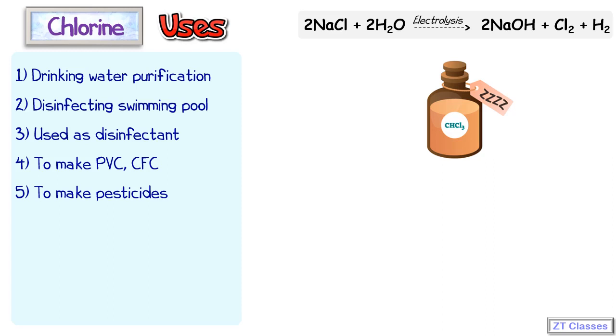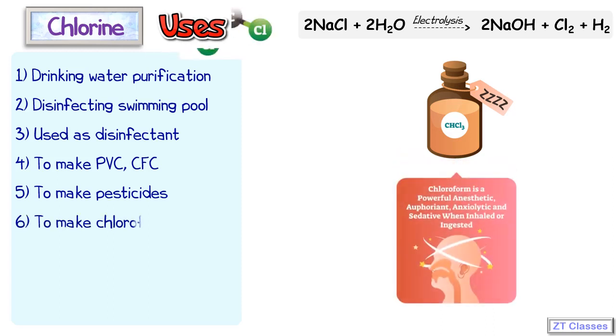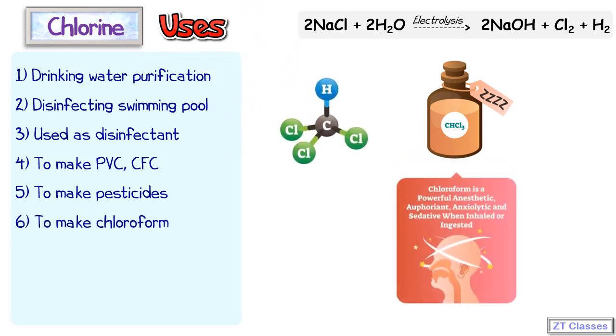Another common use of chlorine is to make chloroform. The formula of chloroform is CHCl3, and it is used as a common medication for anesthesia during operations.